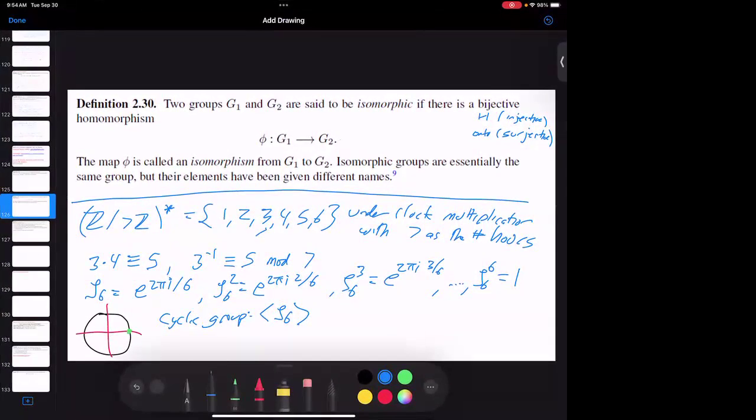So this is cyclic, generated by 3. Does anything else generate it? We know 1 doesn't, we know 2 doesn't, we know 3 does. Since 2 doesn't, could 4 generate? What about 5? 5 times 5 is 25, which is the same as 4. 5 times 4 is 20, which is the same as 6.